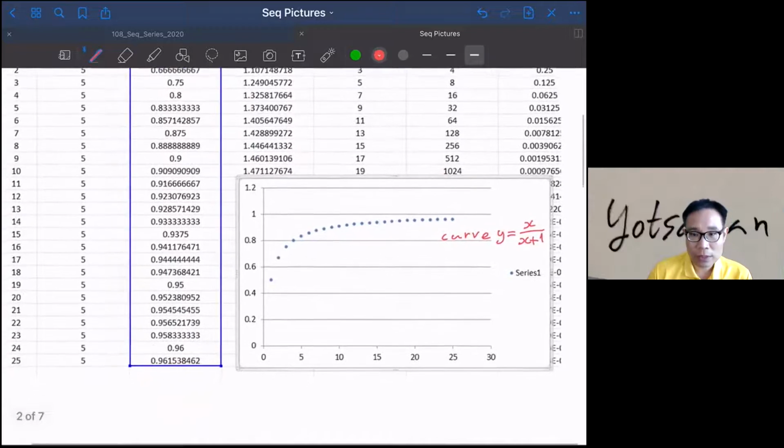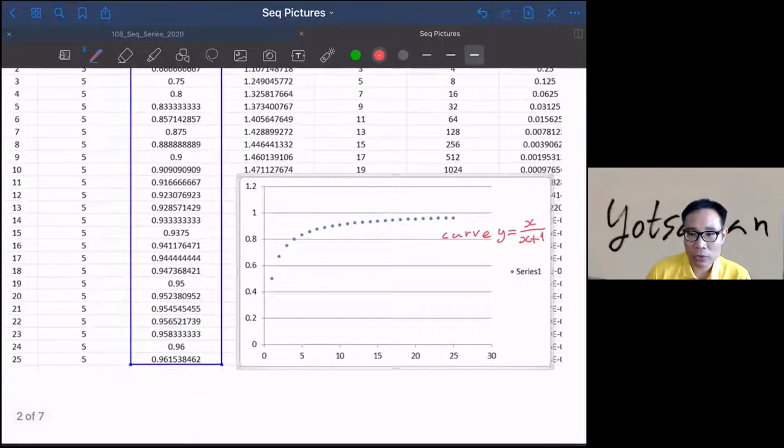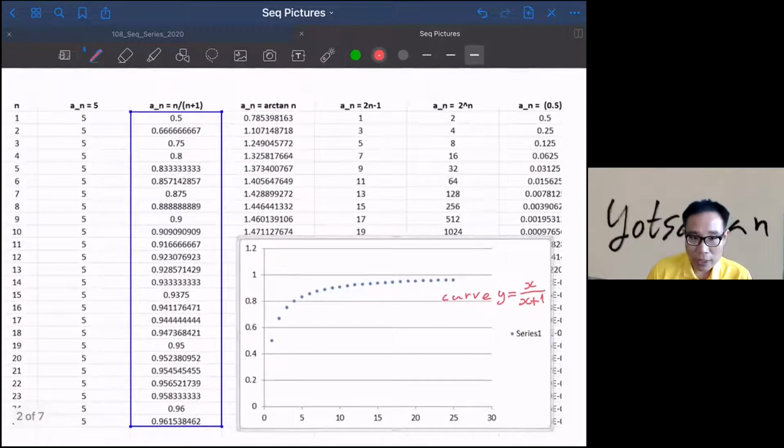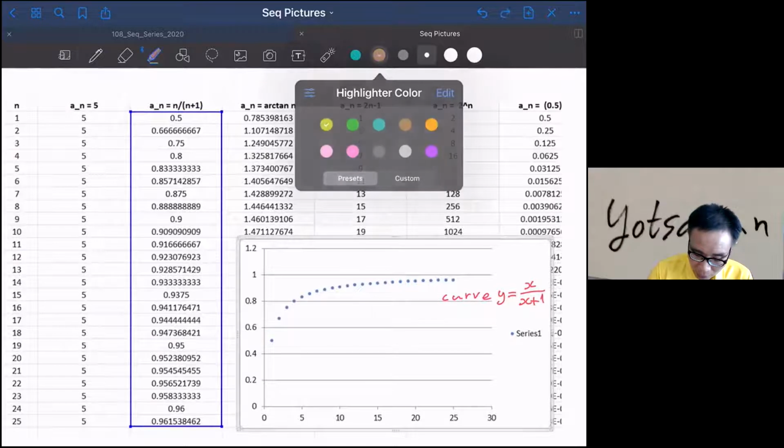The next one is y equal to n over n plus 1. You see that this sequence will be approaching the line y equal to 1.